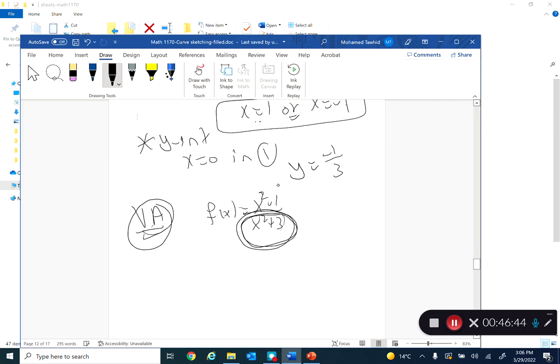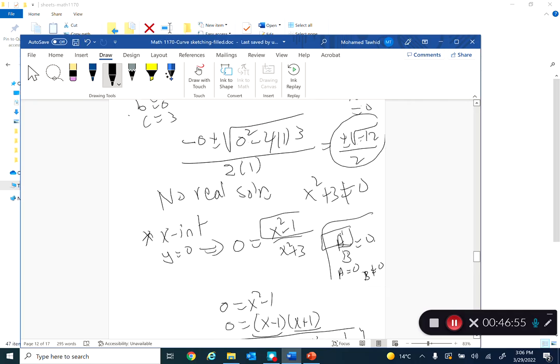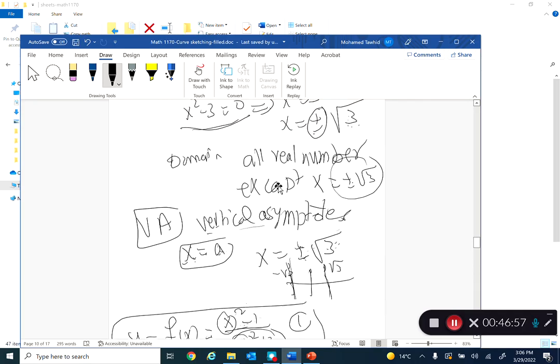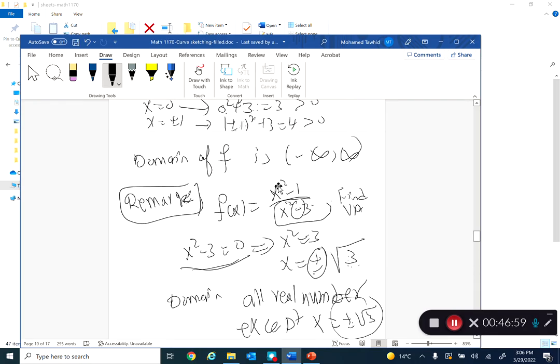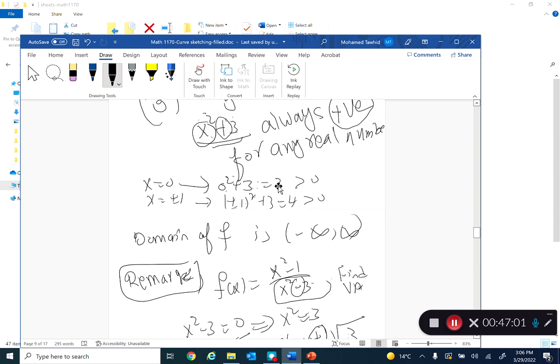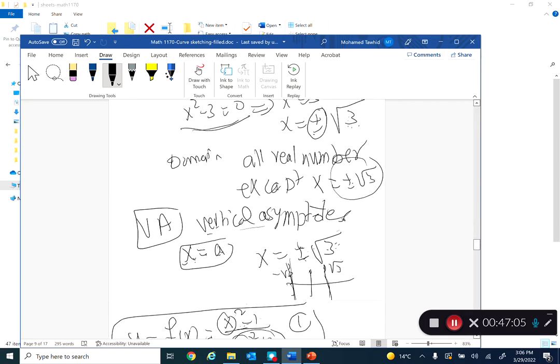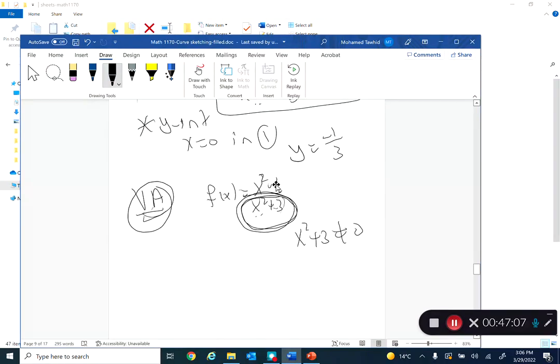But in our case, x squared plus 3 cannot be 0. X squared plus 3 is always a positive number, as I explained here. So there is no way to have x squared plus 3 equals 0.